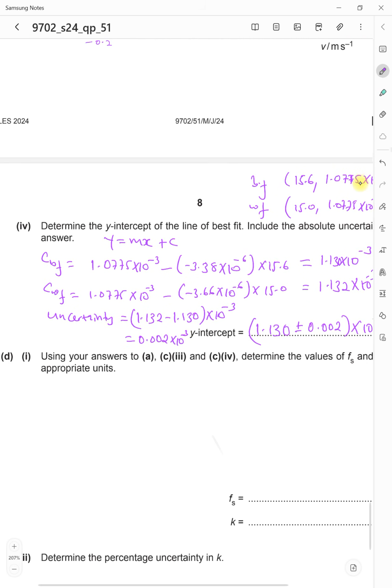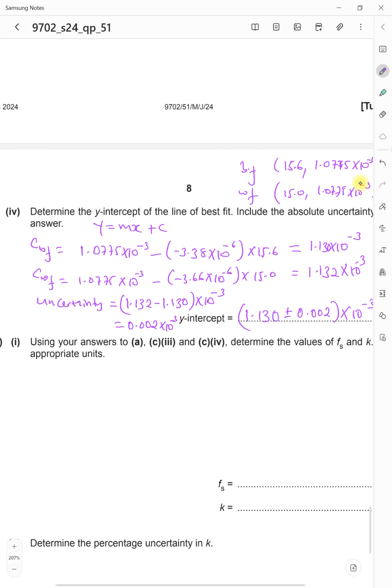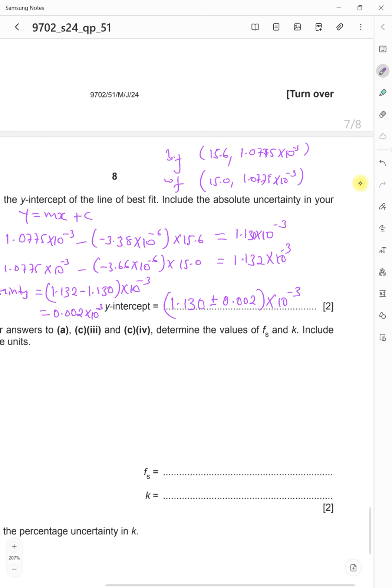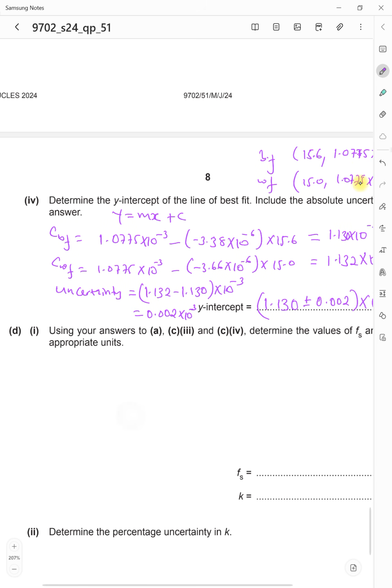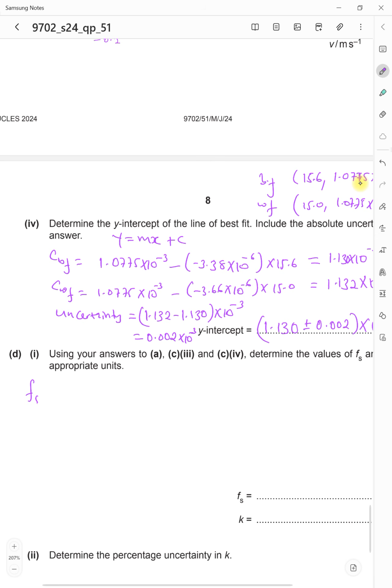Okay. Then using your answers to A, C, Roman 2, Roman 4, determine the values of Fs and K, include the appropriate units. Of course, from part A of this question, we saw that the y-intercept was equal to 1 over Fs, which means Fs is equal to 1 divided by the y-intercept.